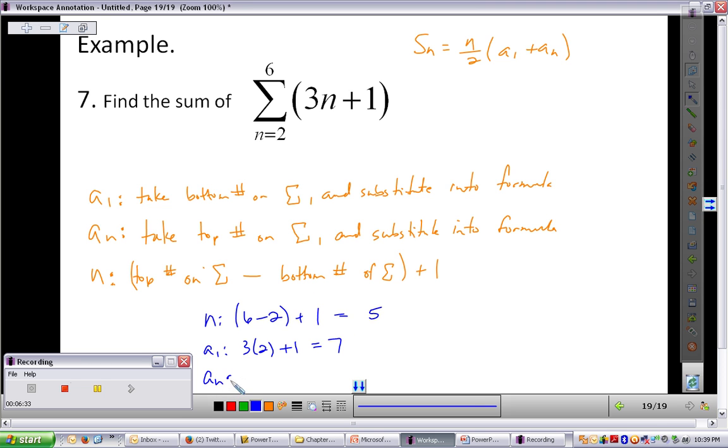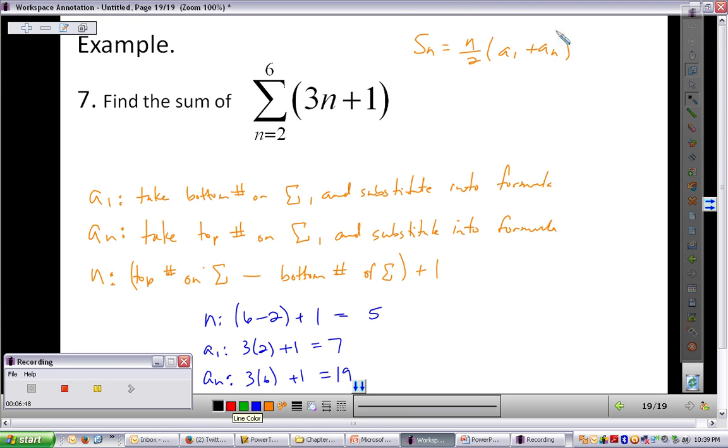Let's find a sub n. Take the top number, plug it in. 3 times 6 plus 1. 3 times 6 is 18. 18 plus 1 is 19. There's the 3 terms that I need.